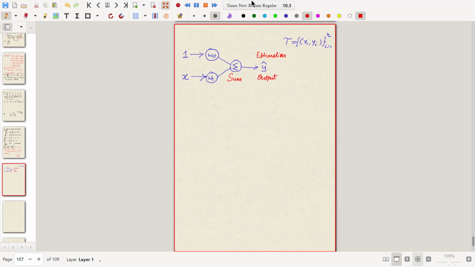So how will you quantify a good fit? We will calculate an error, we will minimize the error, and we will get the fit. So how to quantify how good a fit is?